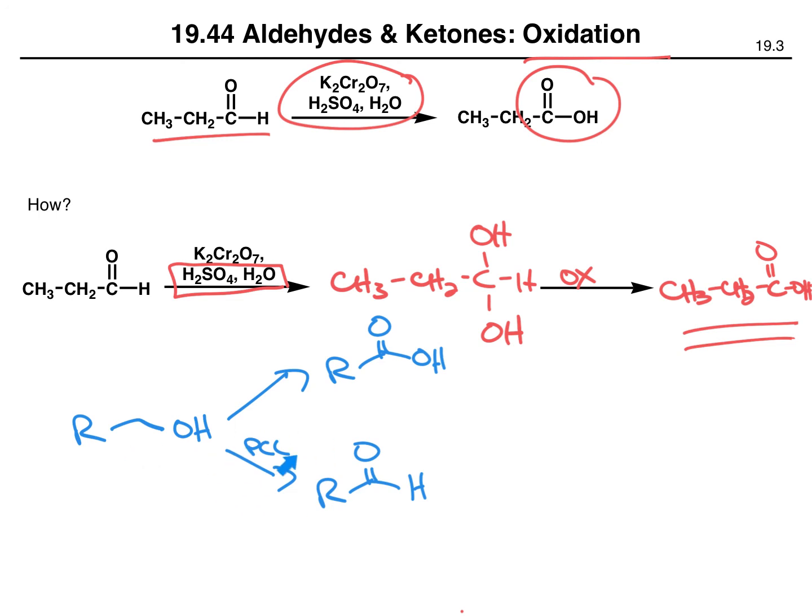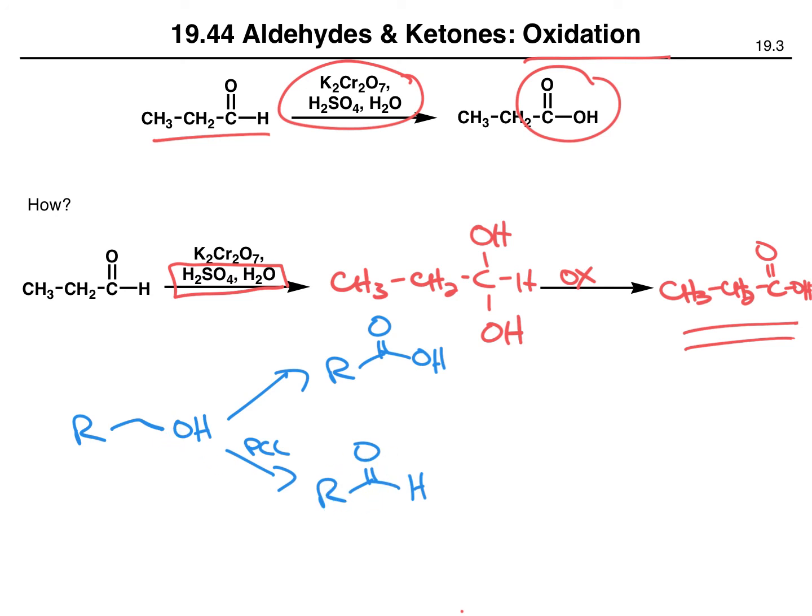So PCC or Dess-Martin can be carried out in dichloromethane or some other organic solvent, so there's no water present. And without water, we are not going to form the hydrate. So this reaction stops at the aldehyde.